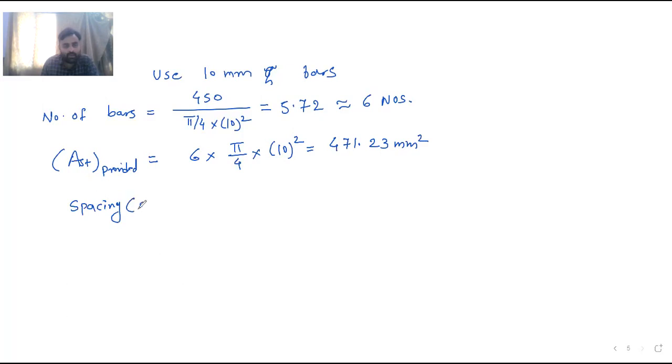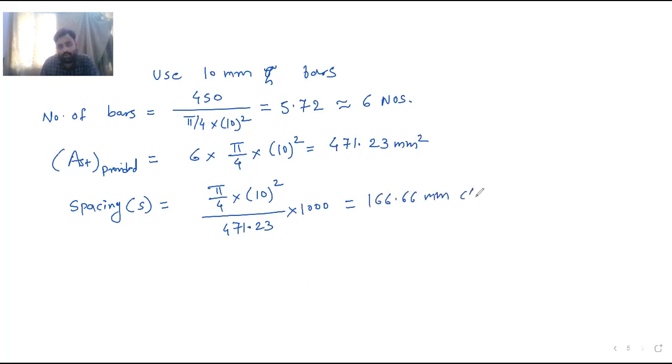The spacing S is equal to pi by 4 into 10 square divided by 471.23, into 1000, that is the width, which is equal to 166.66 mm center to center, which we will round down to 160 mm center to center.